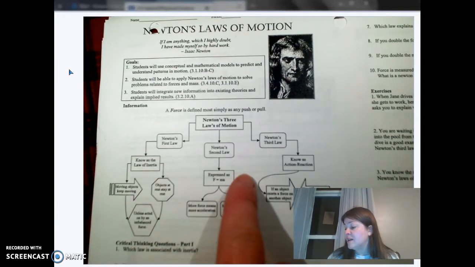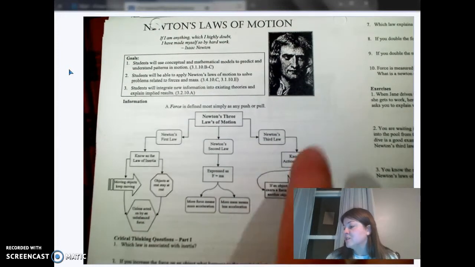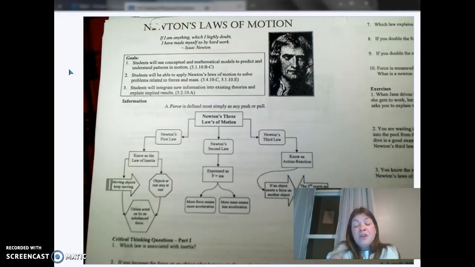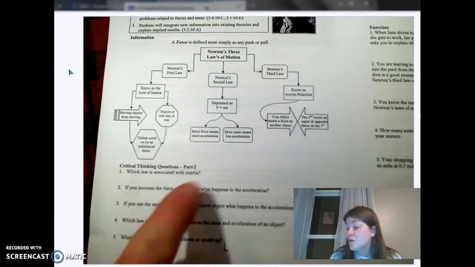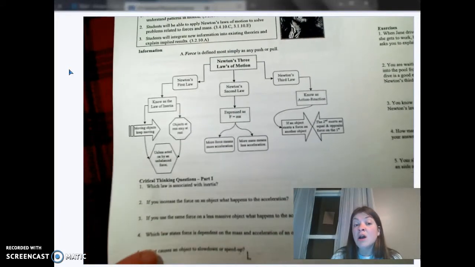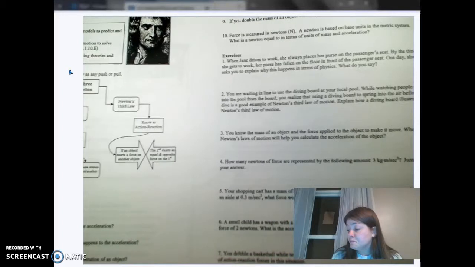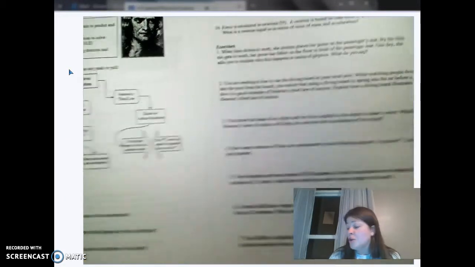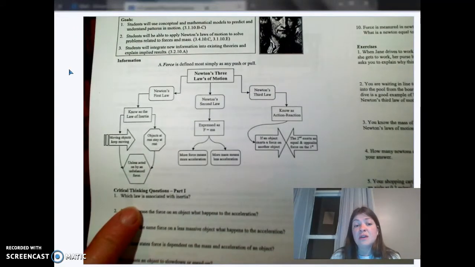The second law, what it is and what it means. The third law, what it means. And then what I want you to work on is questions 1 through 10. This will be your homework assignment: 1 through 10 of the critical thinking questions. Tomorrow, we're going to do the exercises, but we're not doing that today. All you need to work on today is these critical thinking questions.